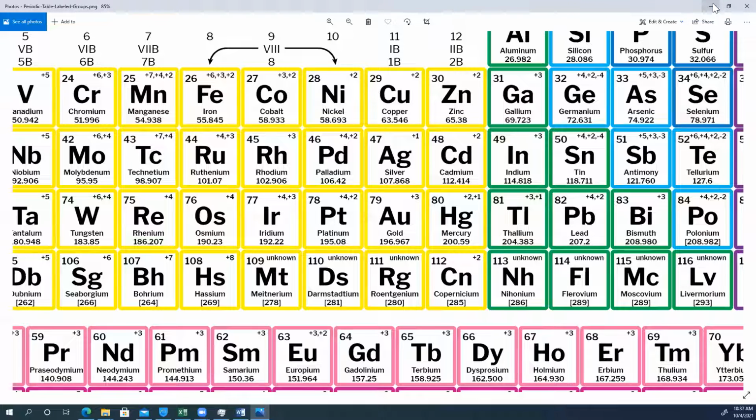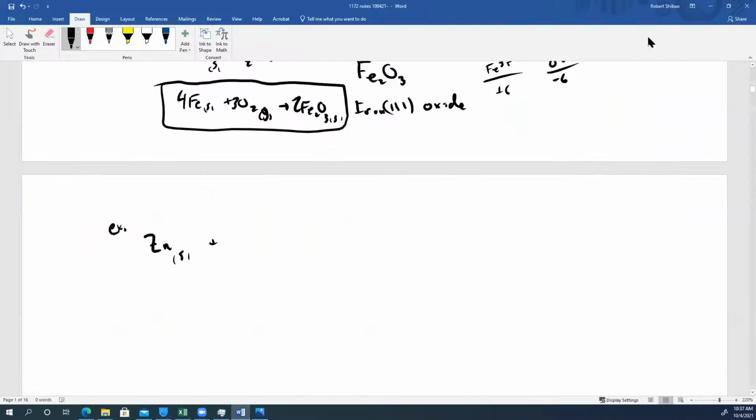And so let's go back to this one. So we know this is going to form +2. So who's it going to lose electrons to? So let's put phosphorus here. Now, zinc wants to lose 2, and so we'll have Zn2+. But phosphorus wants to gain how many?